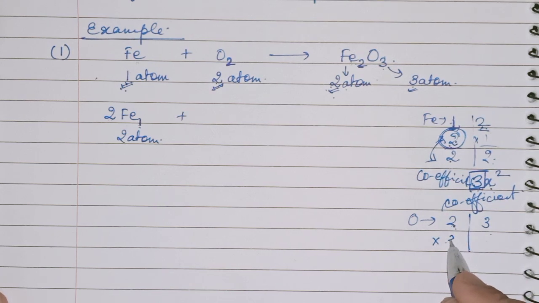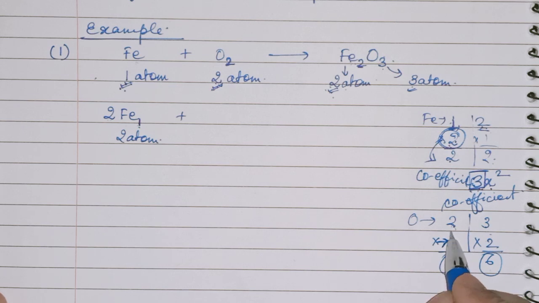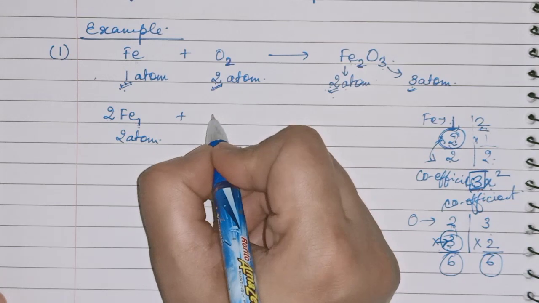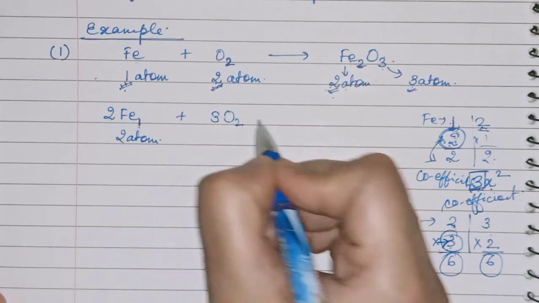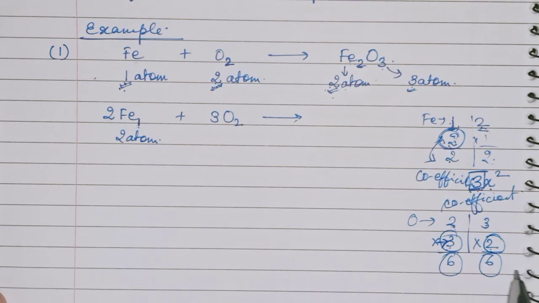So 2 into 3 is 6 and 3 into 2 is 6. So both sides you are getting the same number. But what coefficient are you taking? The multiplier. Here 3 is multiplied with 2, so 3 will be the coefficient. So here it will be 3O2. And here 3 into 2, 2 will be the coefficient.